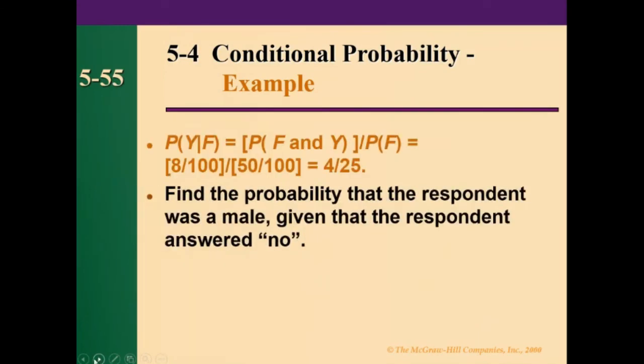So 8 over 100 over 50 over 100. The 100 cancels, becoming 8 over 50. The lowest term of 8 over 50 is 4 over 25.